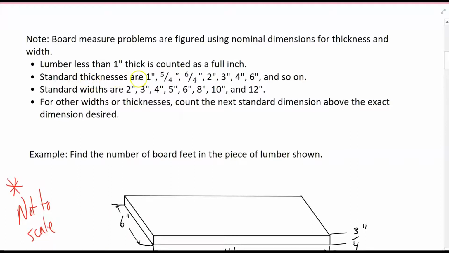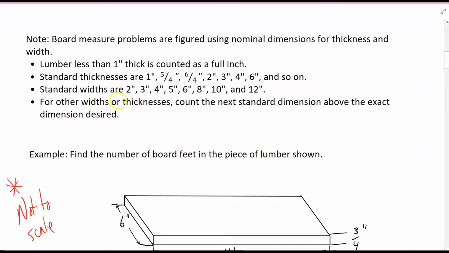Standard thicknesses are 1 inch, 5/4 of an inch or 1 1/4, 6/4 of an inch or 1 1/2, and then 2 inches, 3 inches, 4 inches, 6 inches, and so on, being every even number of inches.